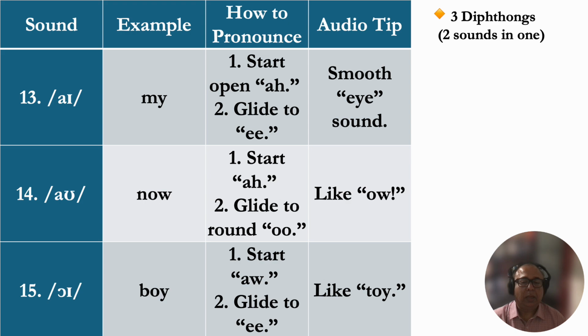So start with and glide to round ooh. Ow, now. 15 is oi, boy, like boy. So 12 pure vowels and 3 diphthongs.